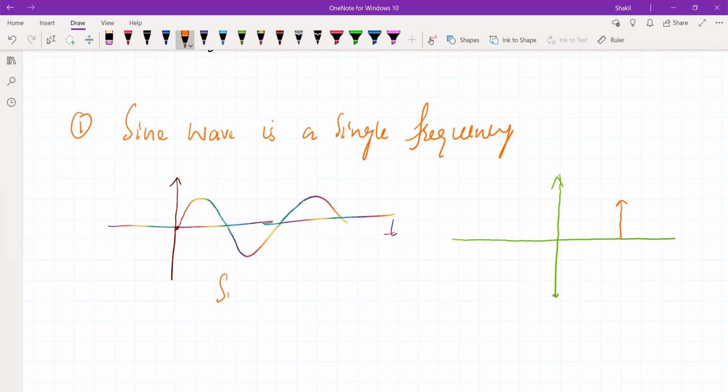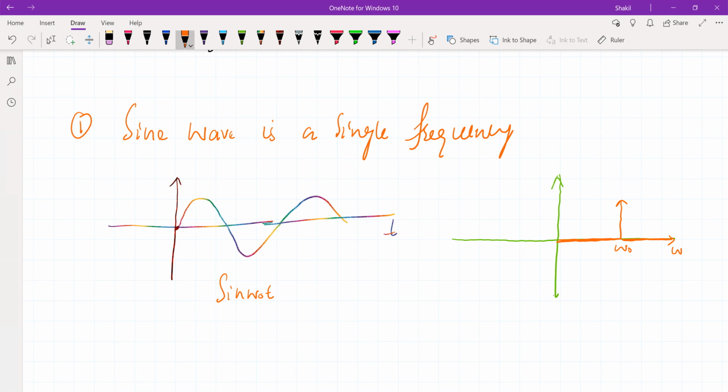If we say this is sine omega naught t, then this impulse will occur at omega naught. This is omega, and the rest of the frequencies will be zero. That's the meaning of sine being a single frequency: it is non-zero only at one point, and the rest of the frequencies are zero.